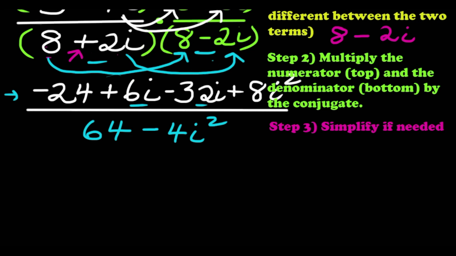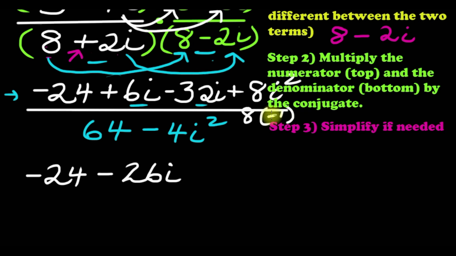And then the last thing we have to do is to simplify. So for our numerator, we got negative 24 minus 6i minus 32i is negative 26i. And then here you got 8 times negative 1, because i squared is negative 1.